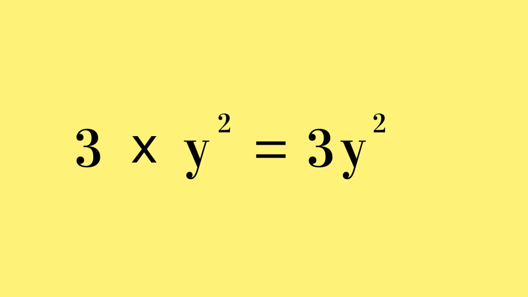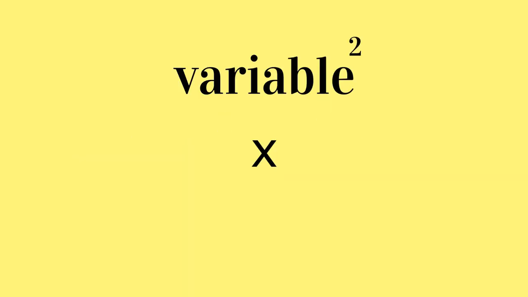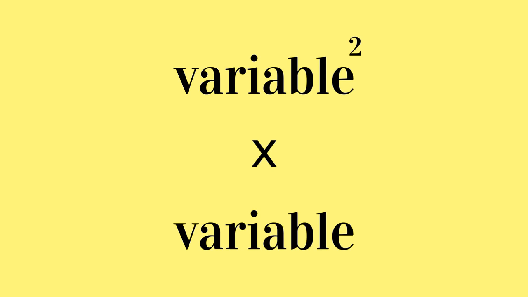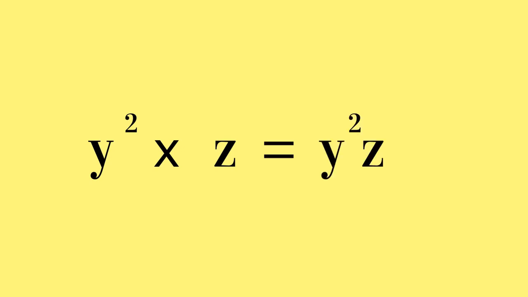Remember that when multiplying a variable by numbers, the number always goes in front. We can also multiply variables with powers by another variable. For example, y squared multiplied by z would be written as y squared z.